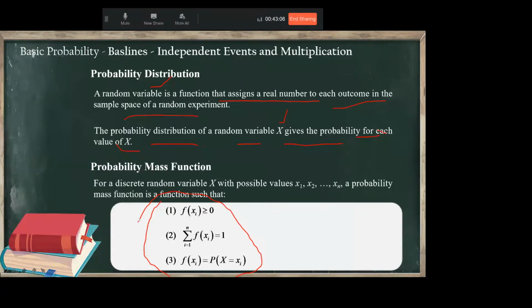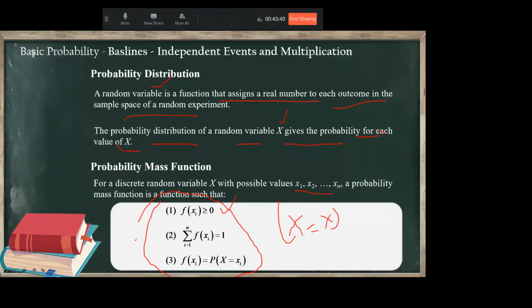One, if x is a random variable with values x1 to xn, then against every value of x equals small x, the probability mass function should be positive.